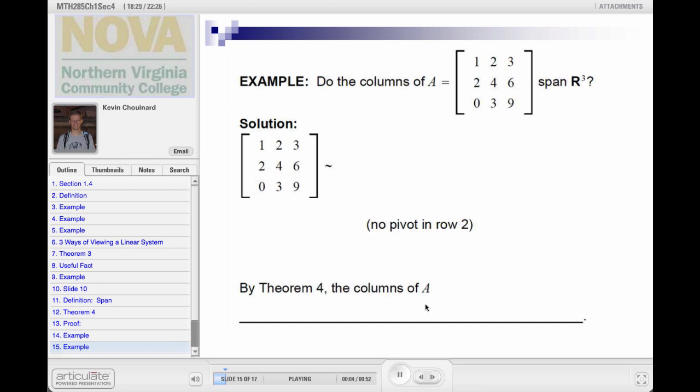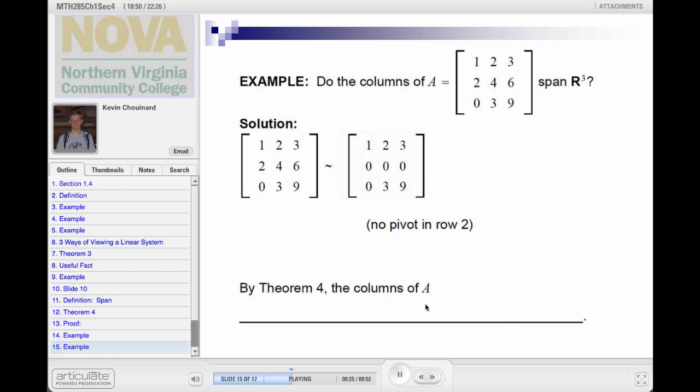Okay, here's another example, and you're asking the same type of question, but from another point of view of those 4 equivalent statements. Do the columns of matrix A here span 3-dimensional space? Well, again, we can reduce this to a question of pivots using row reduction.